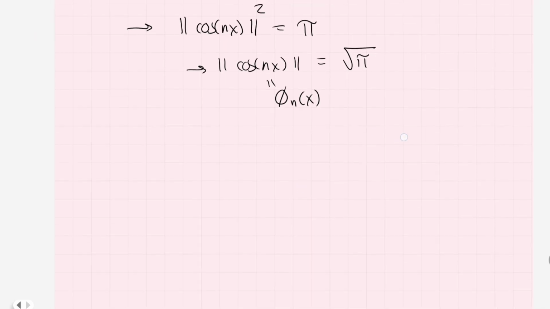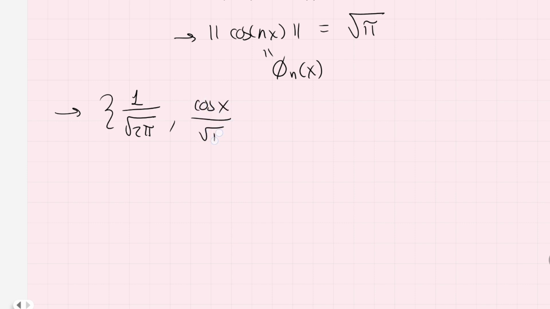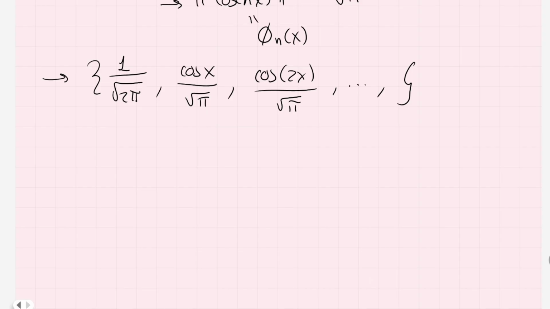So to construct the orthonormal set, we just need to divide every term that has a cosine by the square root of pi. We will have 1 over the square root of 2 pi, and then cosine of x divided by the square root of pi, cosine of 2x divided by the square root of pi, and so on and so forth to infinity. Now this set can be seen as an orthonormal set.